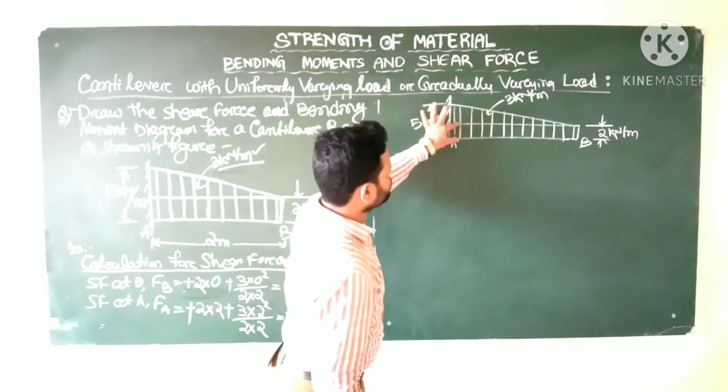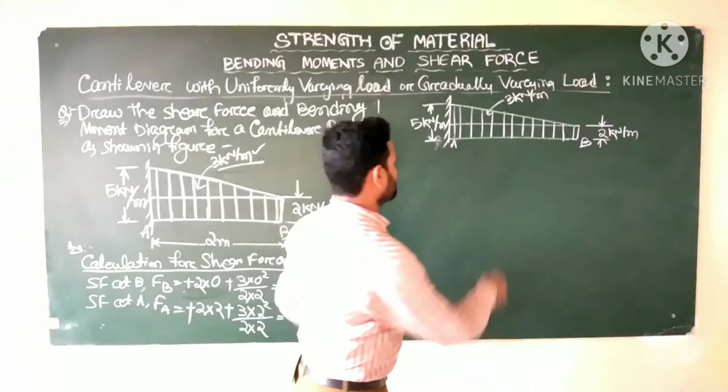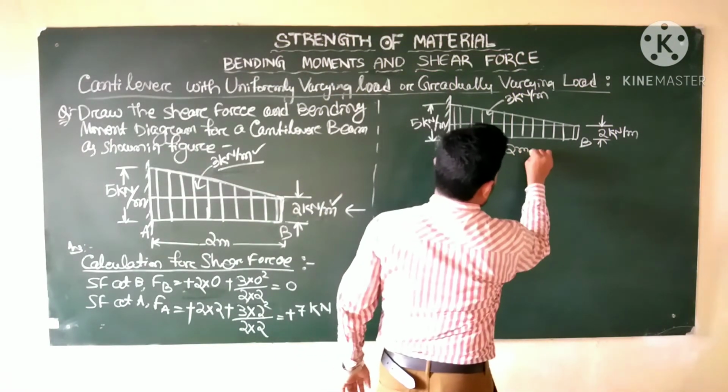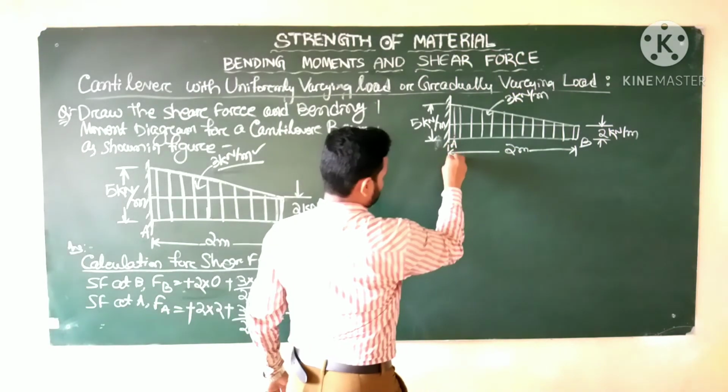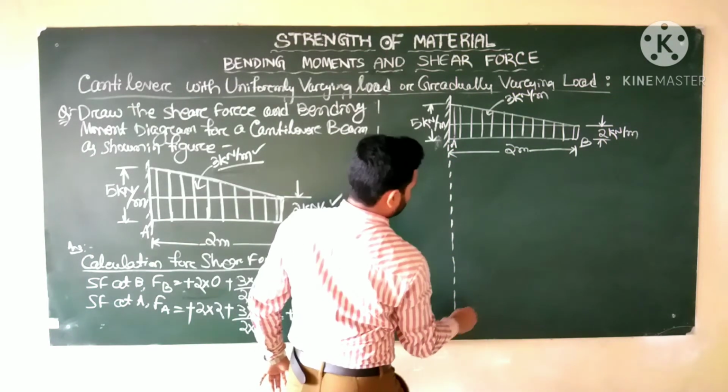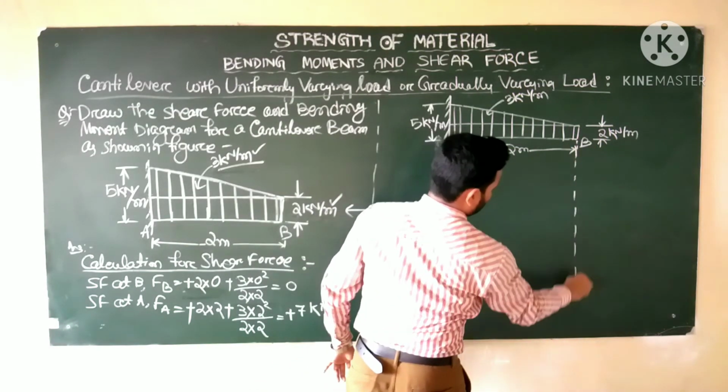So this amount is 2 kilonewton, this amount is 3 kilonewton. Next, length is 2. Next, make a dotted line below point A and point B.